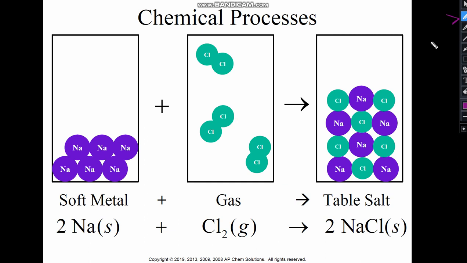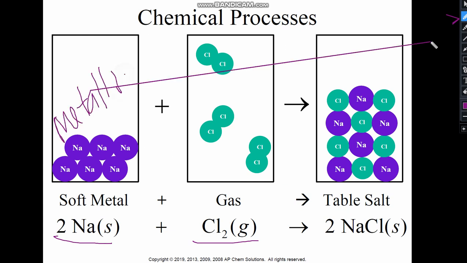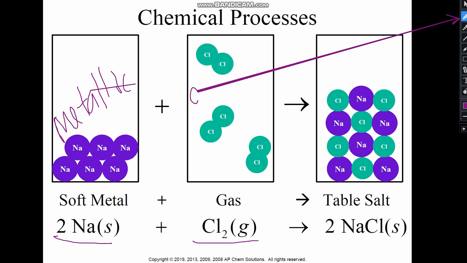Here we have an example of a chemical process. We have sodium here, and we are going to combine it in a very simple synthesis reaction. We combine it with chlorine. We know individually we have a metallic bond with our sodium, and our chlorine, of course, is going to be a covalent bond.